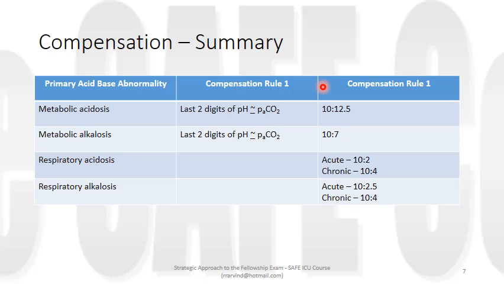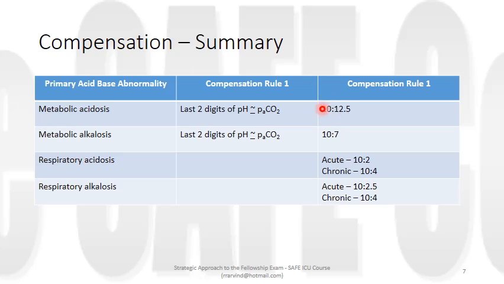We also have some numerical rules of thumb for complete compensation. Firstly, for primary metabolic acidosis, the respiratory compensation rule is 10:12.5, which is for every 10 millimoles drop in the bicarb, the patient hyperventilates to the extent that the carbon dioxide falls by 12.5.